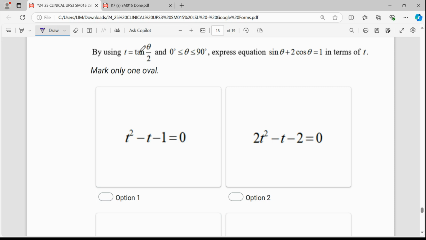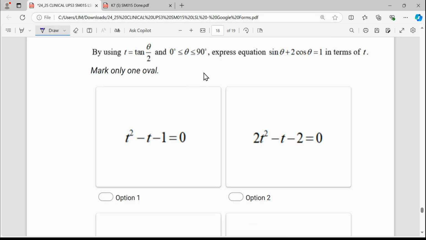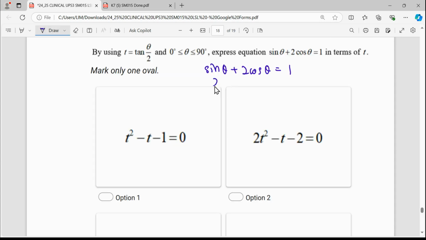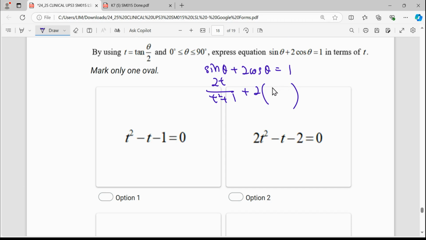Next, by using t equals tangent half angle, for theta an acute angle, express this one in terms of t, means that this is your t substitution. So when you're having t as a tangent half angle, we want to find sine theta plus cos theta equals to 1. So sine theta is expressed as 2t over t squared plus 1. Then cos theta in terms of t is 1 minus t squared over 1 plus t squared equals to 1.